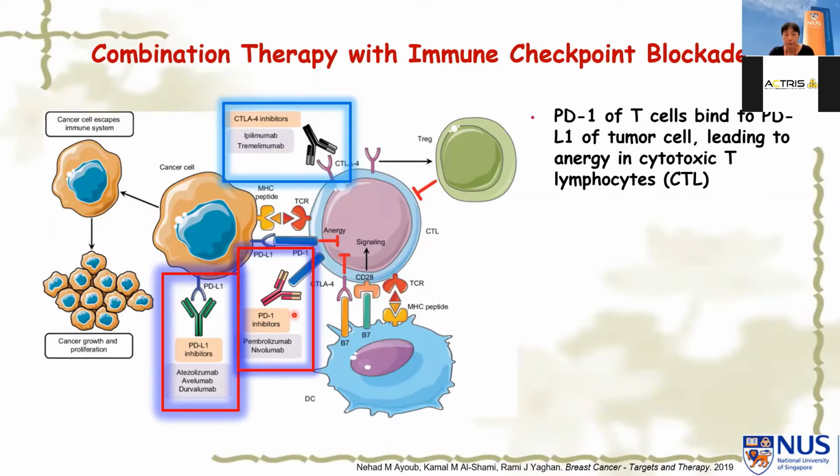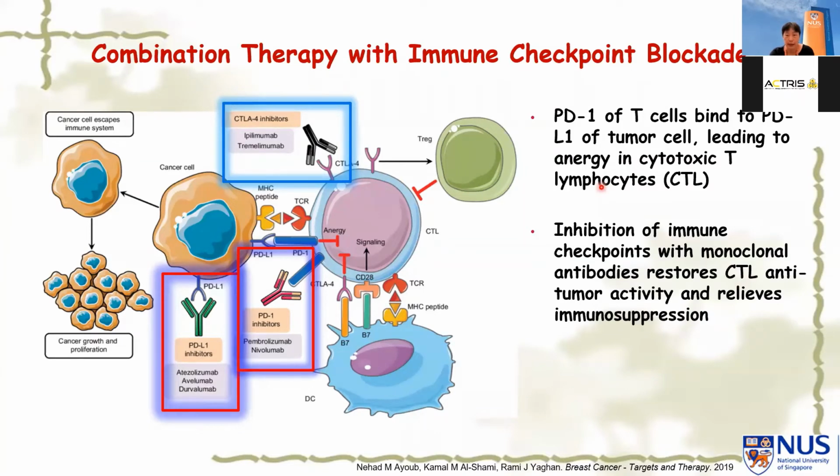Okay, so for checkpoint blockade therapy, you probably all know that PD-1 expression on T cells can bind to PD-L1 on the tumor cells, leading to the exhaustion or anergy of the cytotoxic T cells, which can be a problem in the tumor microenvironment.